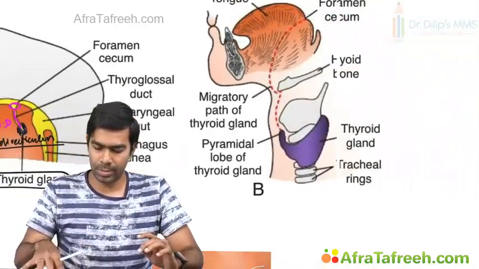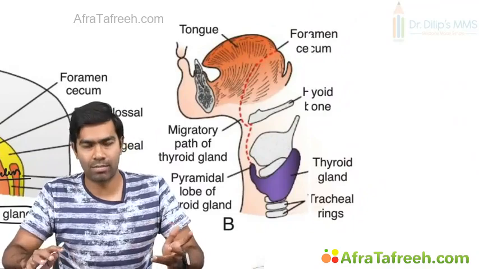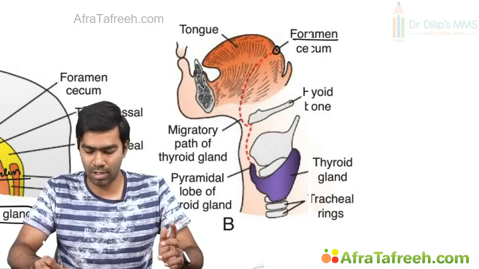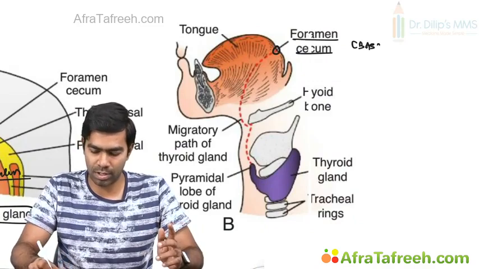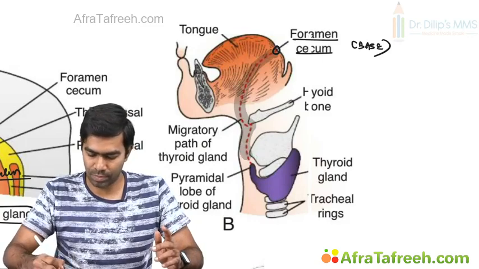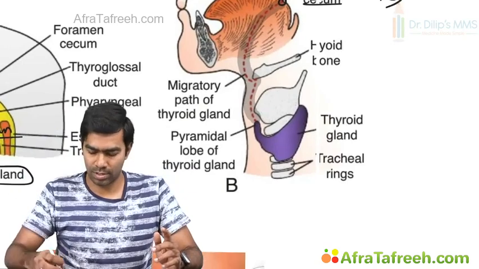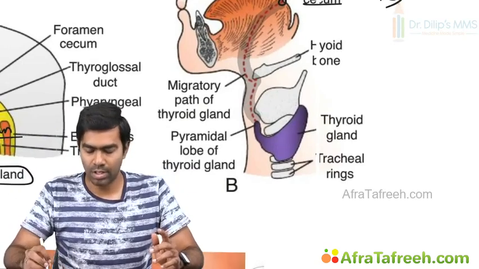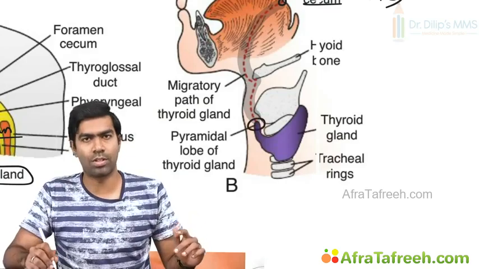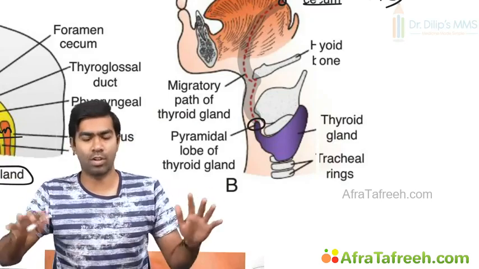Clear? And finally, this is the adult concept. In the adult, you can see the foramen cecum at the base of the tongue, and this is the migratory portion of the thyroid gland towards the lower anterior portion of the neck. So this thyroglossal duct, usually most of it will obliterate.